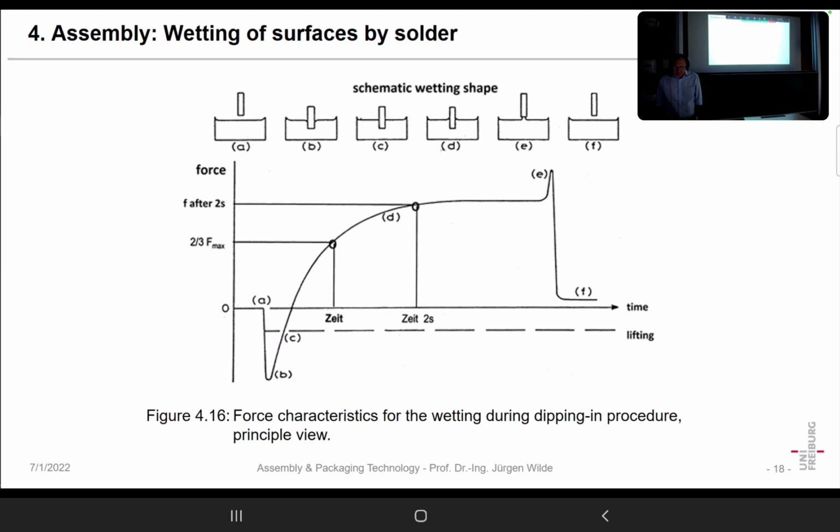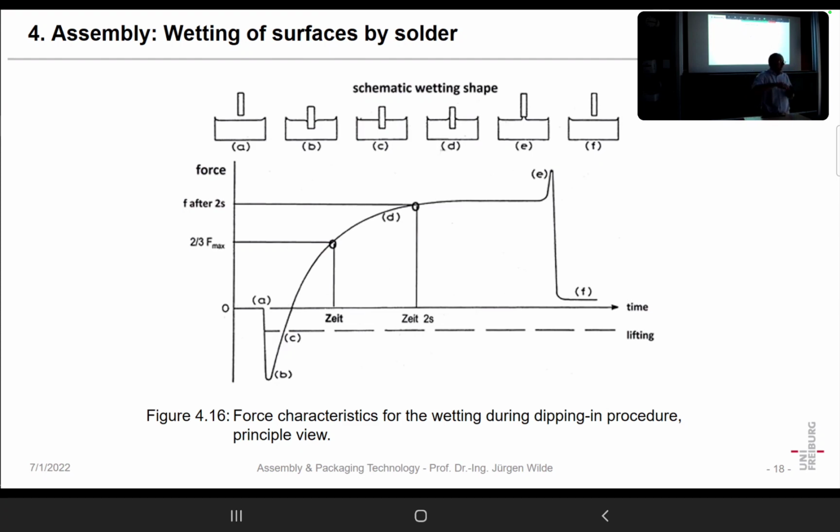And in that way, the time constant of wetting should be in a certain range. That means if that time constant is too short, that typically means the flux is consumed before the soldering even starts. That's not so good.